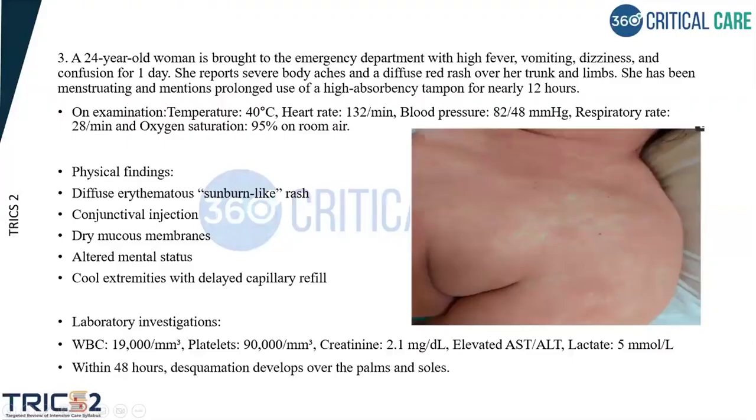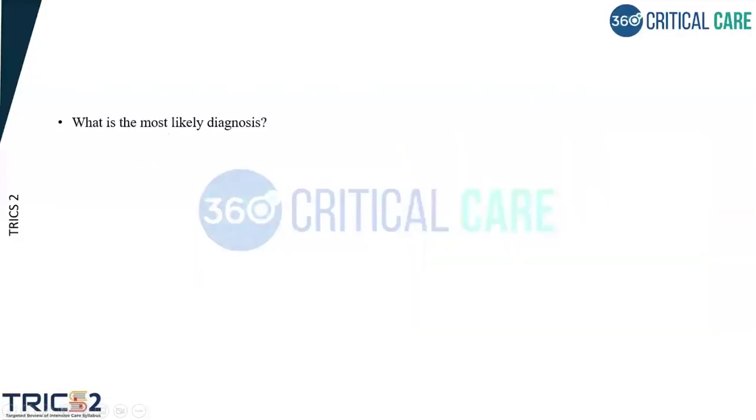Now, on physical examination, you have a diffuse erythematous rash. She has some altered mental status and extremities are very cold. Coming to the investigations, leukocytosis, thrombocytopenia, AKI, elevated liver enzymes, and lactates are on the higher side. And within 48 hours, the rash spread so badly that there was desquamation. So, can anyone tell me what is the most likely diagnosis in this case?